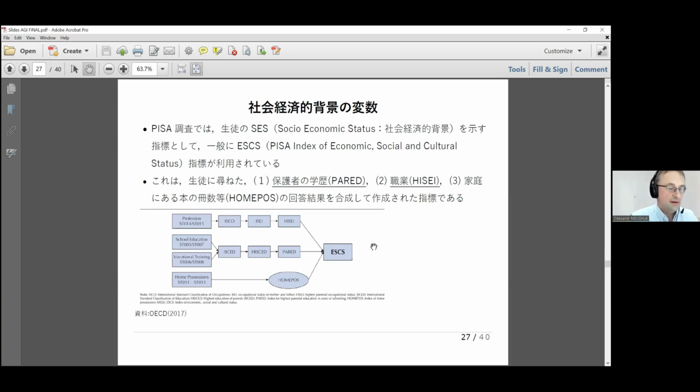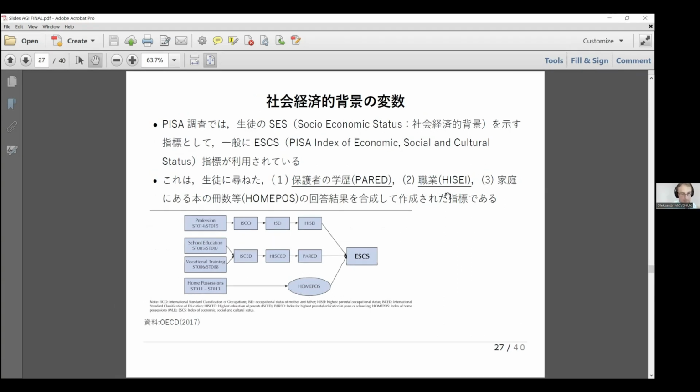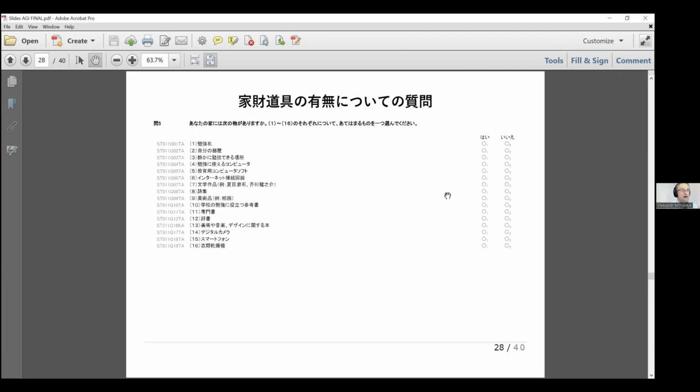This is how the socioeconomic status is calculated. As I said, it combines the profession, also the education level of parents, and also home possessions. And when home possessions are calculated, the students answer questions about what they have at their homes, starting from desks or smartphone and so on.